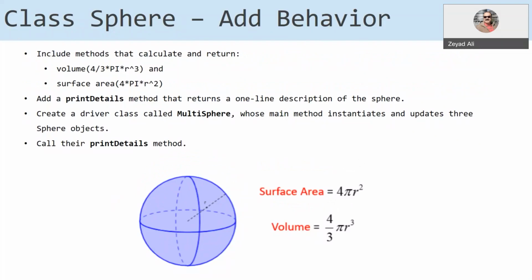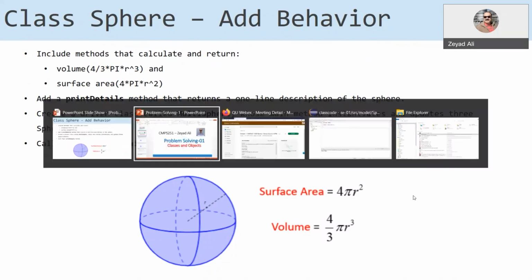The next step, we will do two methods to calculate the surface area and the volume of the sphere. Finally, we will test the class and add some kind of print method that prints the details of the sphere in a neat way. So let's go to code right away.